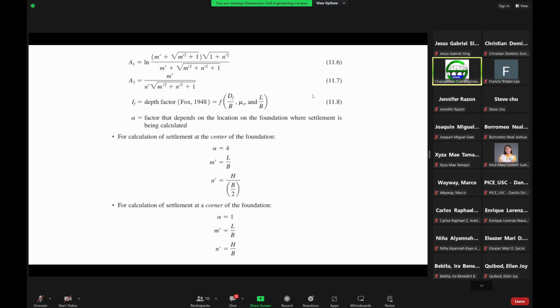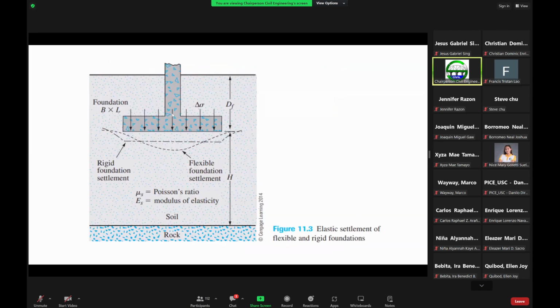So in the case wherein we are calculating the elastic or the immediate settlement at the center of the foundation, that's basically here. That's at the center of the foundation. This is at the corner of the foundation.